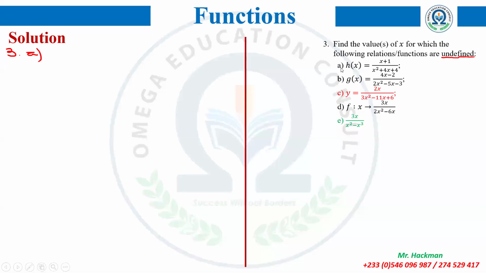So you come to the sub-question number A, and in question A, we extract the function that we need to find the values that will make it undefined. In this case, the function came in relation form, so you equally extract it as such. So h of x is equal to x plus 1 all over x squared plus 4x plus 4.